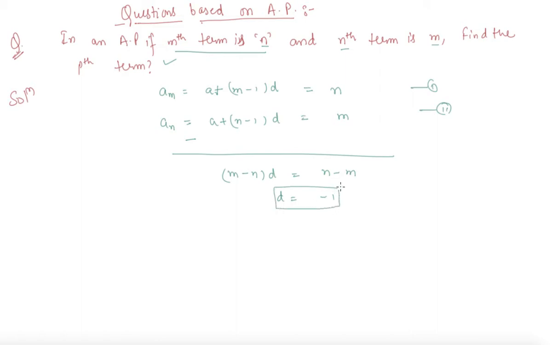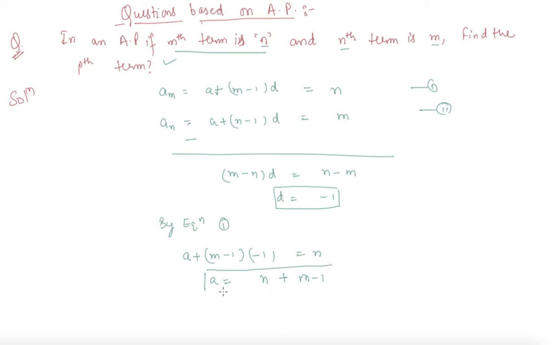Once we get the value of d, we can put it in equation 1. So a plus m minus 1 times minus 1 will be n. From here we get the value of a, which is n plus m minus 1.